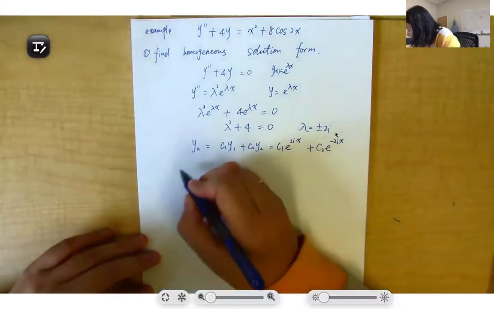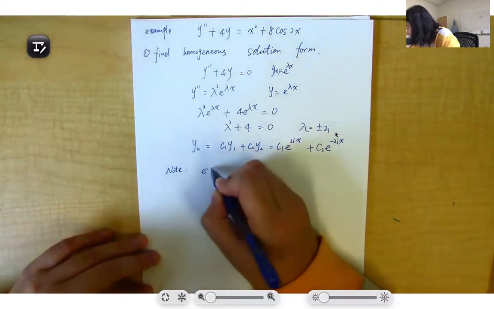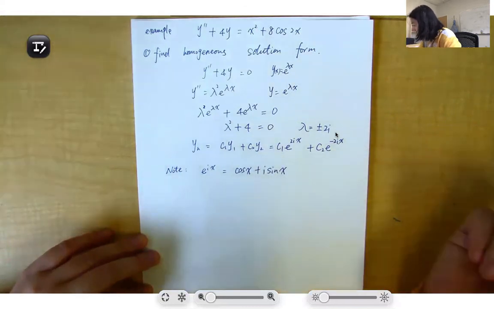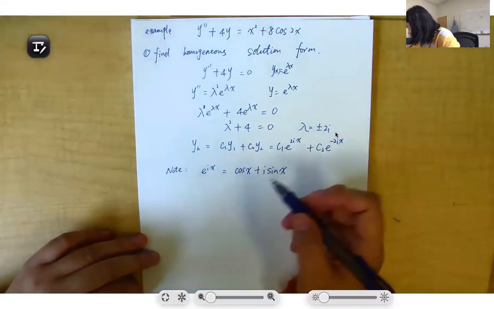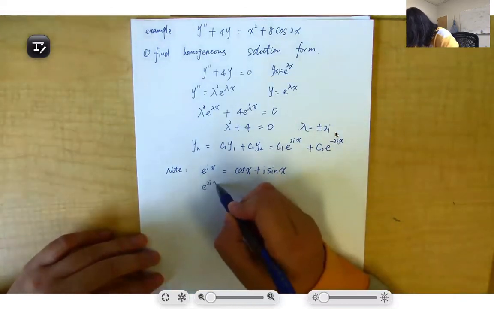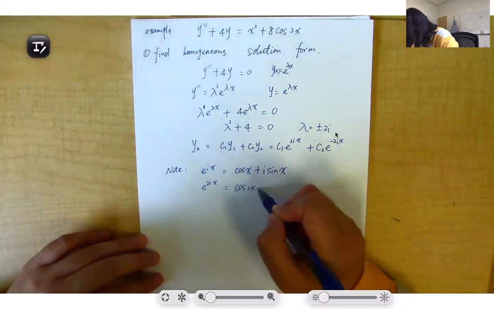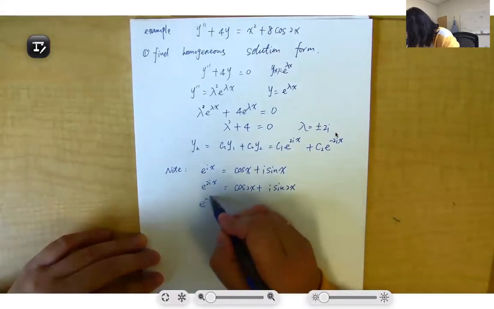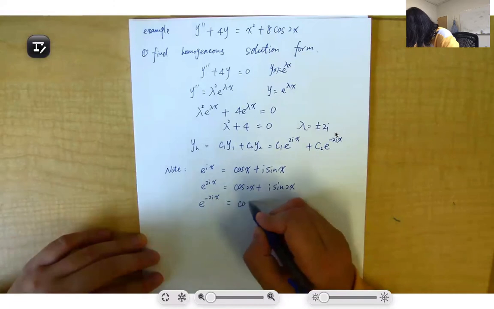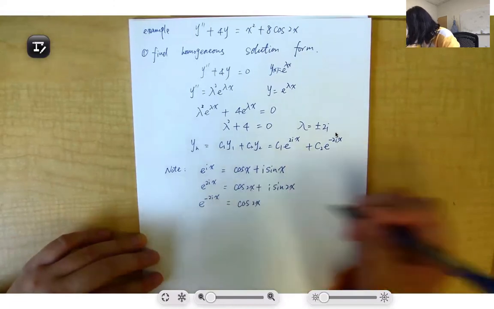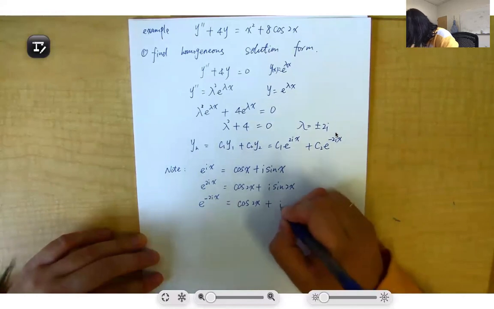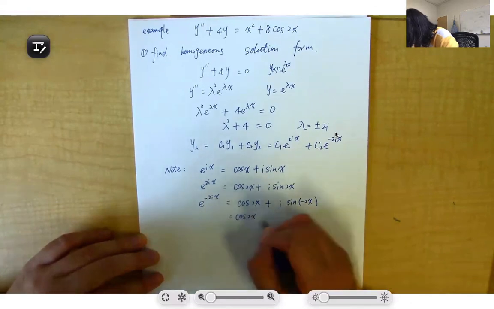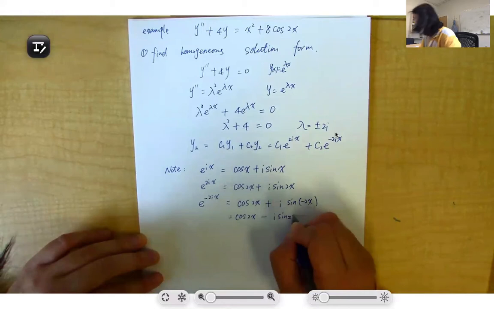So note that e to the ix equals cosine x plus i sine x. Then e to the 2ix will equal cosine 2x plus i sine 2x. E to the minus 2ix will equal cosine of minus 2x, which is still cosine 2x, plus i times sine of minus 2x, that will be cosine 2x minus i sine 2x, okay?